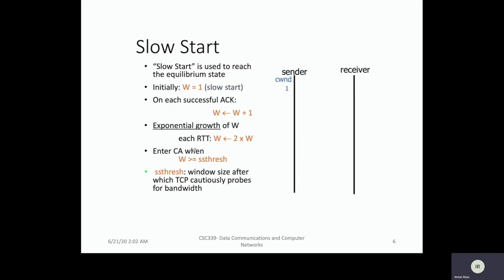TCP's congestion control mechanism is basically based on slow start, additive increase, and multiplicative decrease.